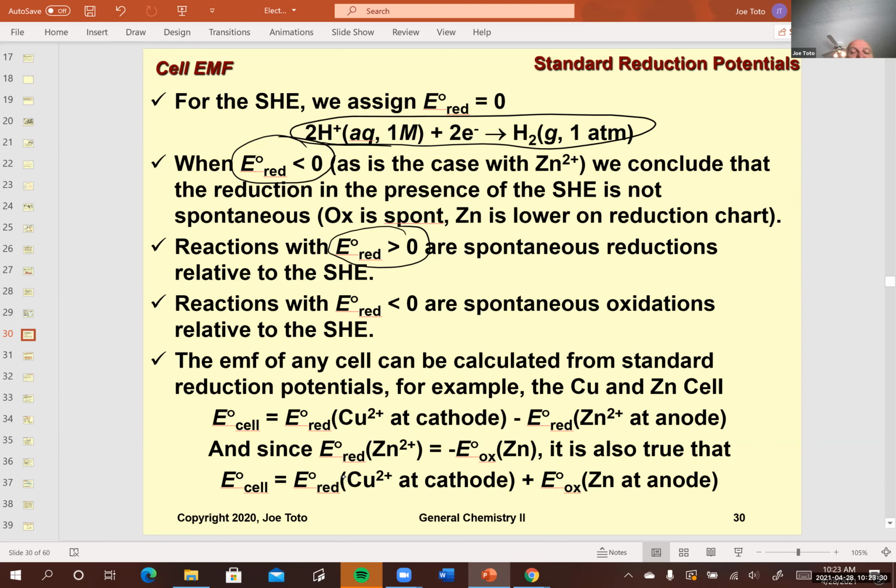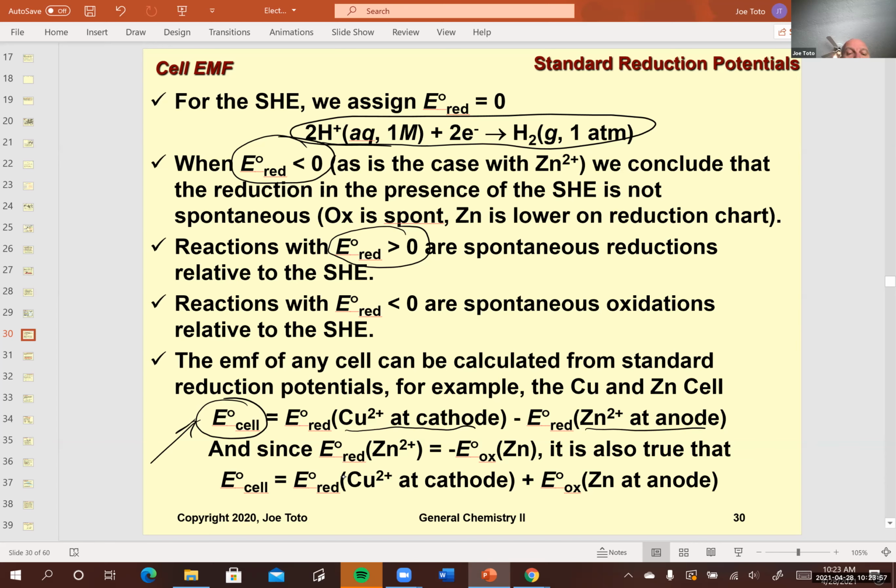Now we can calculate the voltmeter reading or the E cell reading for any half cell now that we know the rankings relative to the same standard. For example, we can find the E cell for that copper zinc setup that we used before.